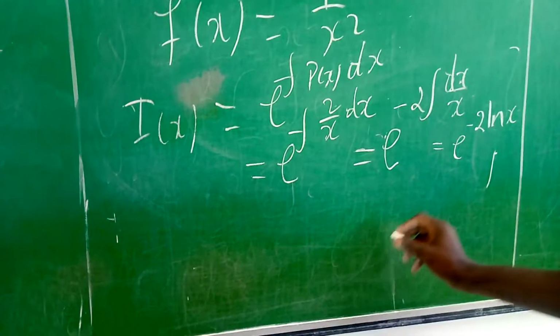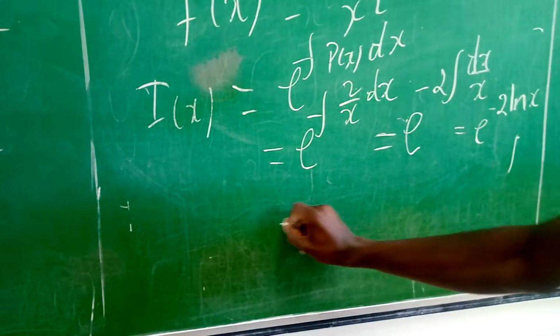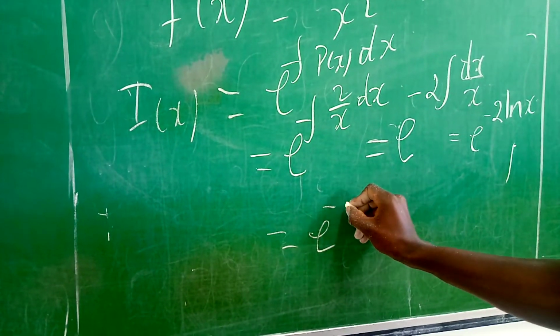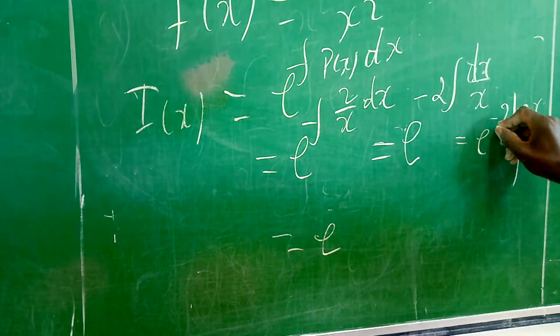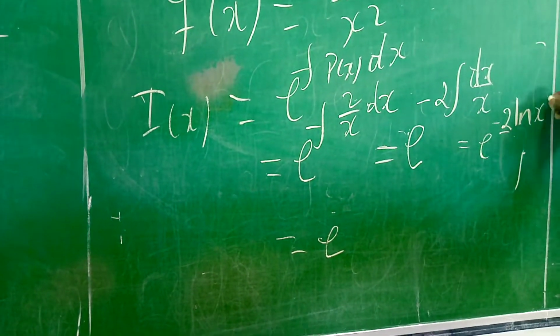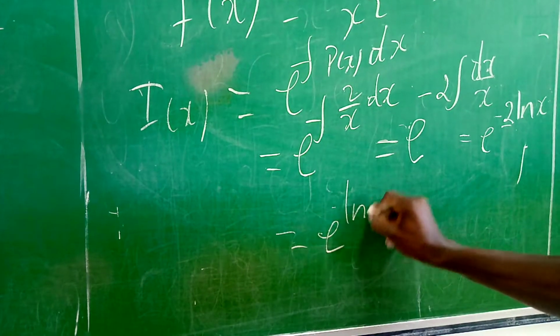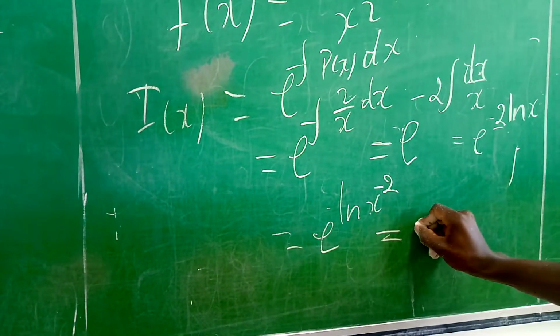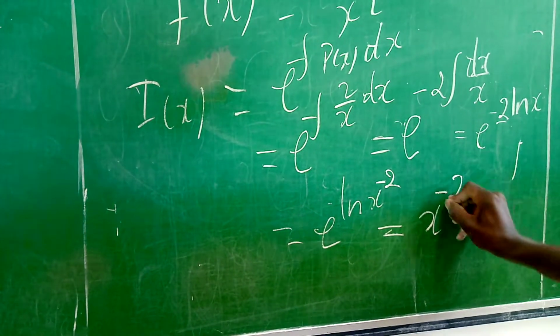Then we can take this negative 2 as the power, and we take ln x power negative 2, and then the answer will be x power negative 2.